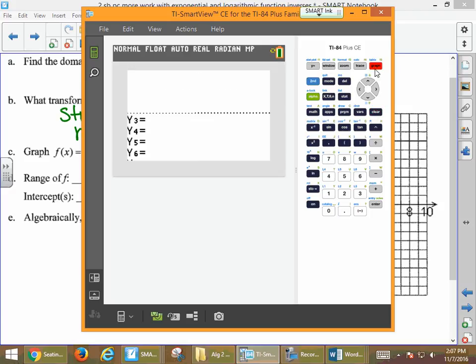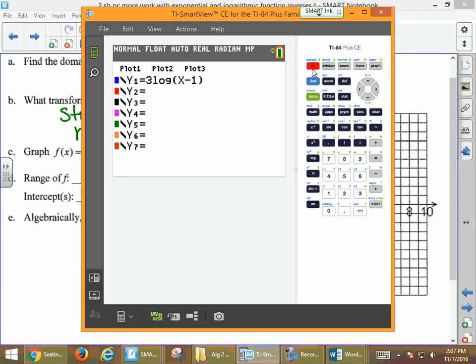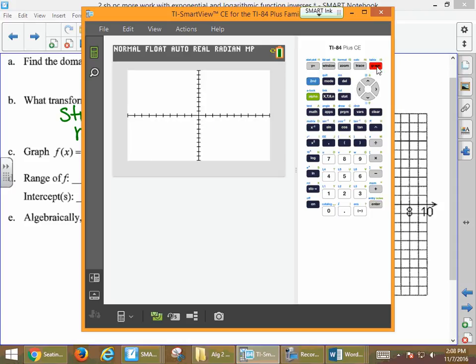But when we look at the picture here, when we turn on the function and look at the picture, there's our picture. So we kind of know what it's going to look like. It doesn't just stop there where our blue part of our graph stops.